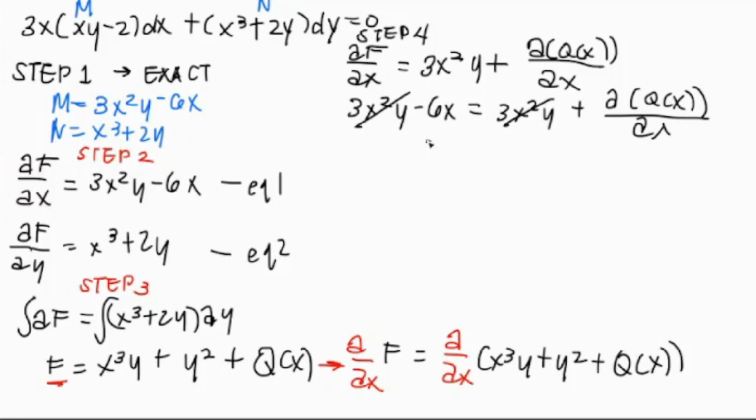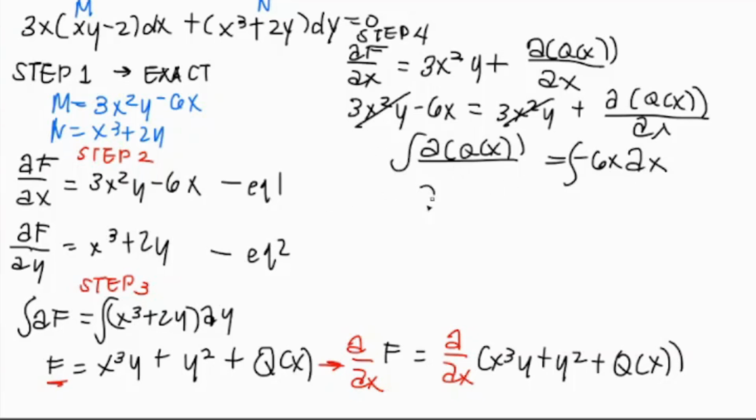So, ang answer natin is dq of x over dx is equal to negative 6x kasi siya na lang yung tira. Ngayon naman para mahanap natin yung q of x is integrate natin both sides. Ay, multiply na lang natin muna by dx both sides para makancel yung fraction. So, ngayon pwede natin integrate both sides.